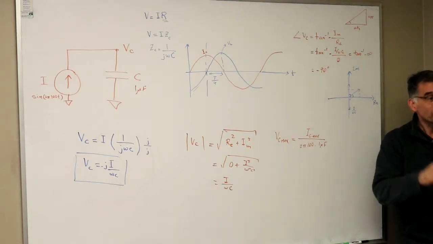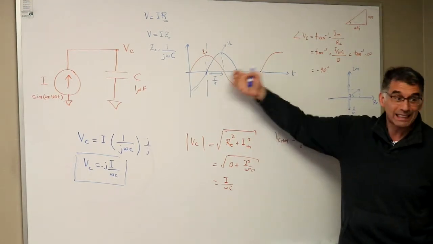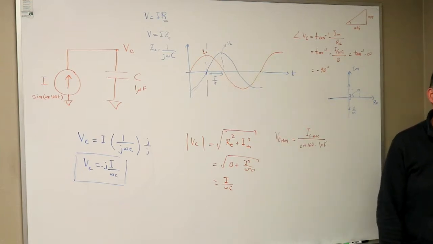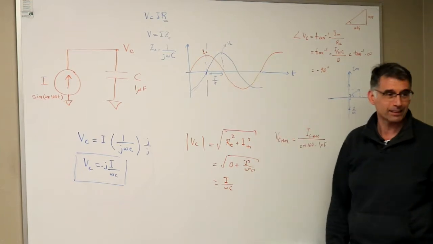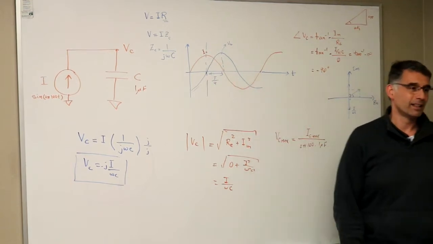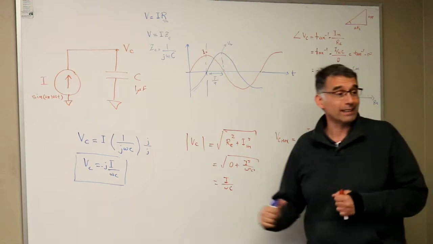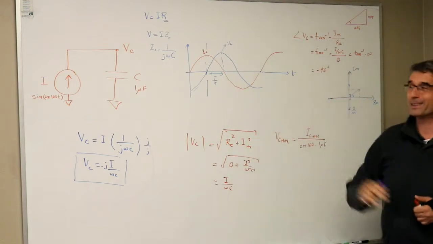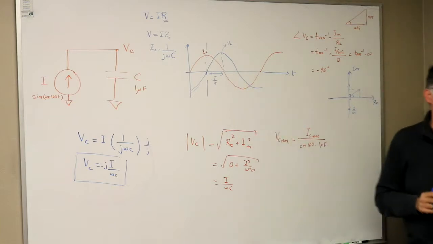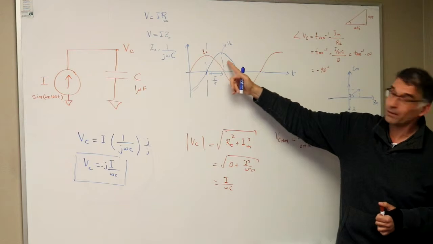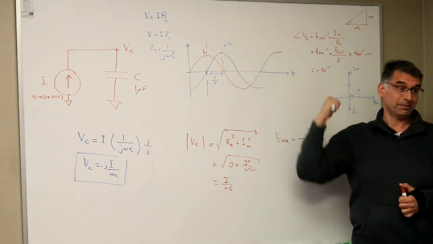So when you actually made the measurements, you see that it's exactly 90 degrees behind. It's lagging by 90 degrees. Lagging, it's behind, like when you're running and somebody's not catching up with you, they're lagging behind you. So it's lagging by 90 degrees. And if you look at it the other way, it's 270 degrees leading.